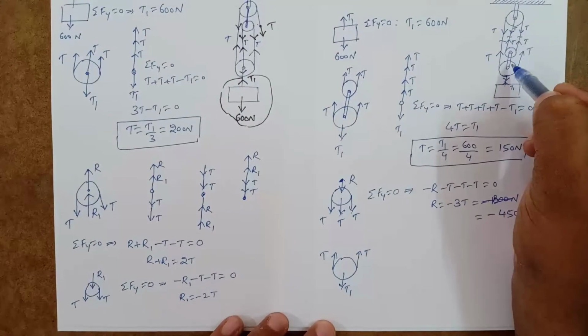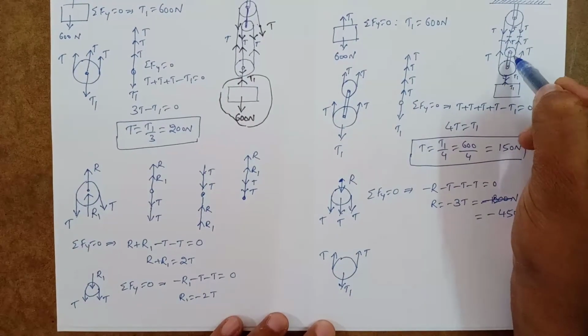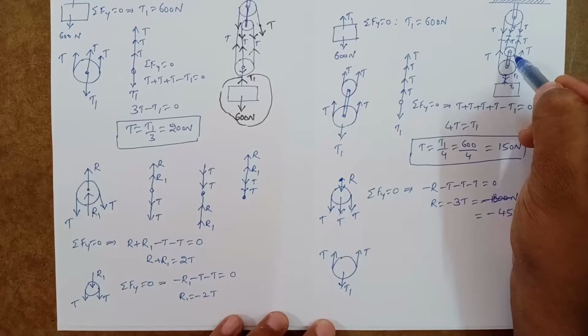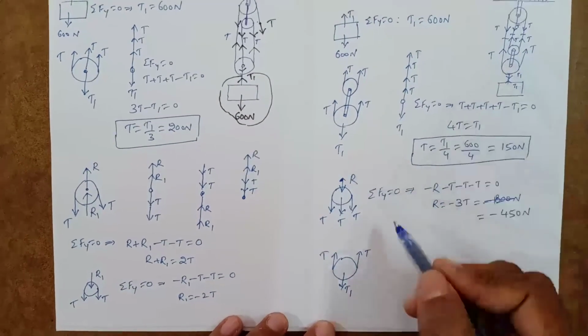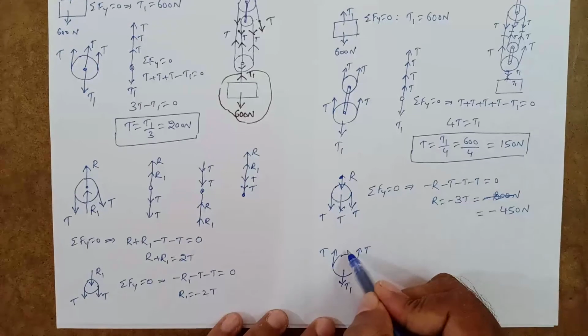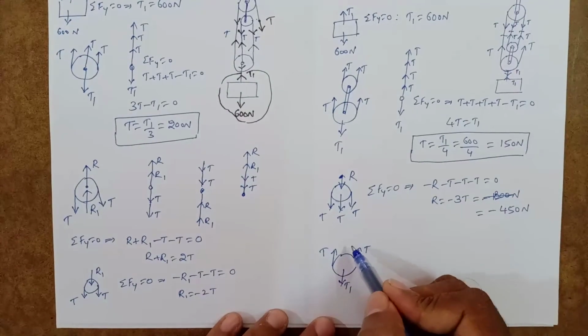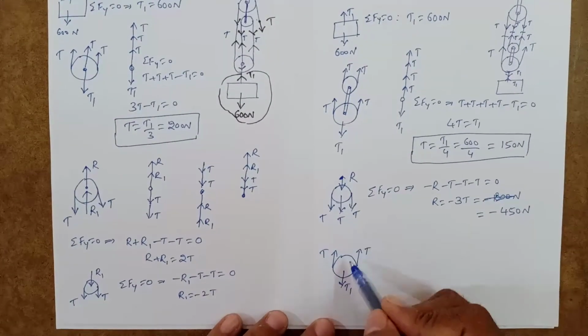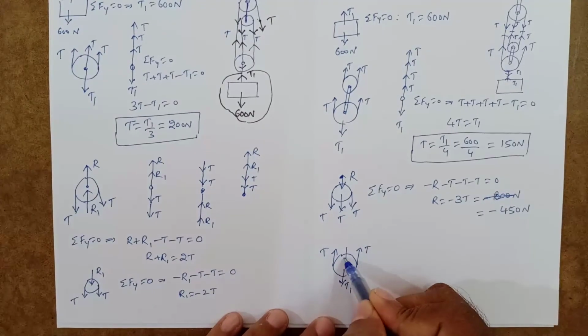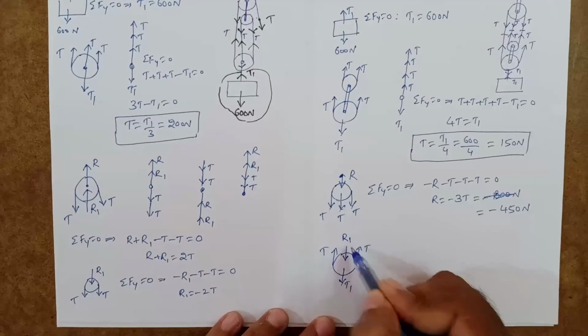Now this pulley is in contact with this hinged support. Now remove the support and show the reaction. Let us say some R1. You may assume this R1 as upward or downward. I'll assume it as some R1 downward.